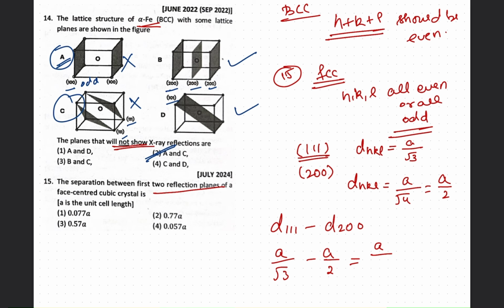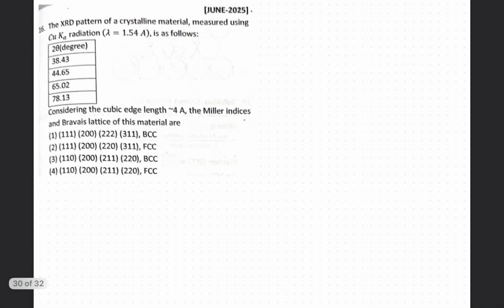Now you have to solve this: 1 by 1.732 comes to 0.57a. The other is 0.5a, so the difference will be 0.07a, so the correct answer will be A.